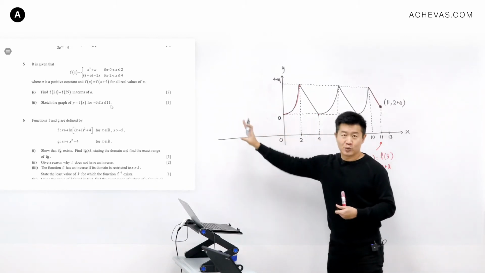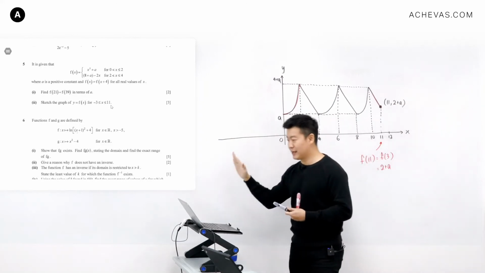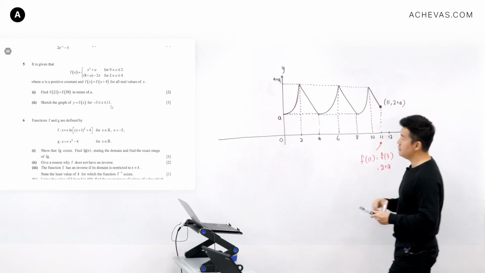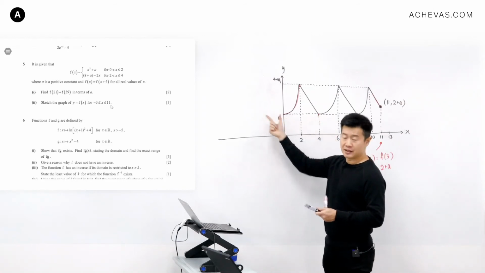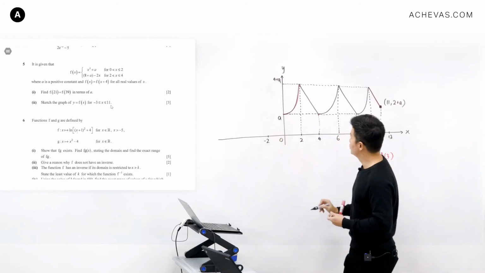And then we're going to extend it towards the left. We're going to extend it towards the left all the way until minus 3. This portion will be replicated here to minus 2.